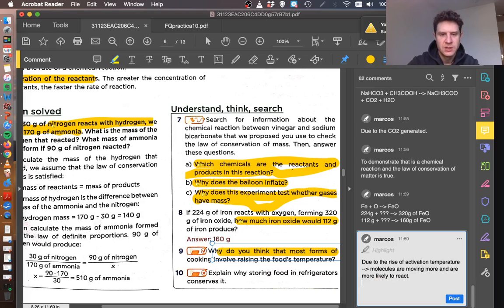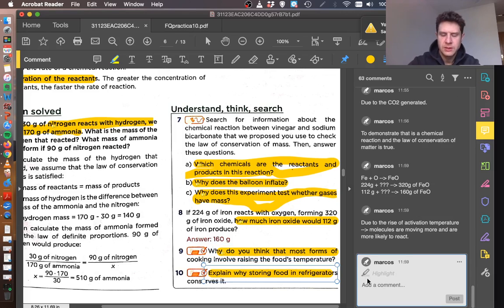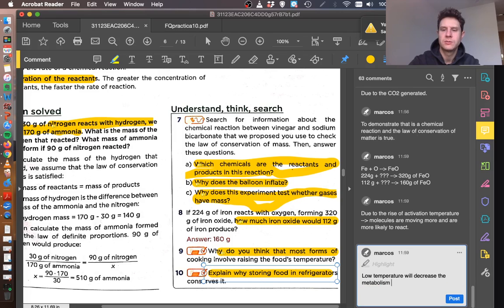And explain why storing food in the refrigerator conserves it. Okay, good. Low temperature will decrease the metabolism of bacteria.